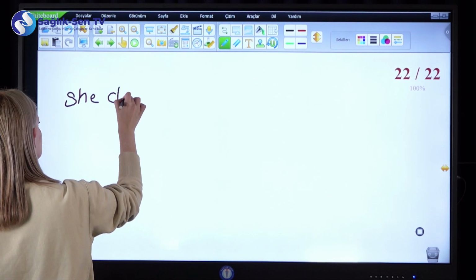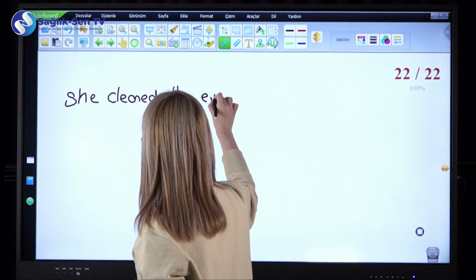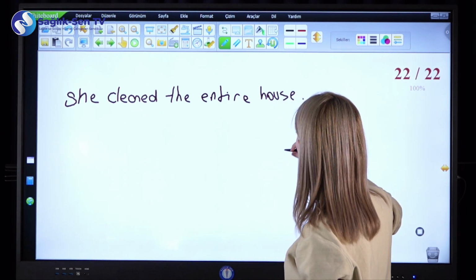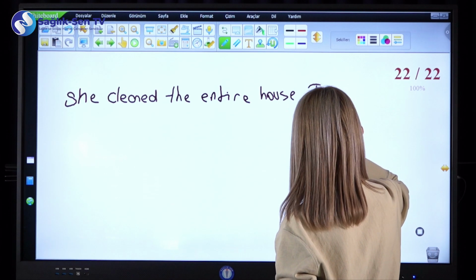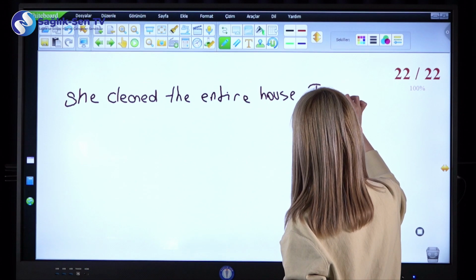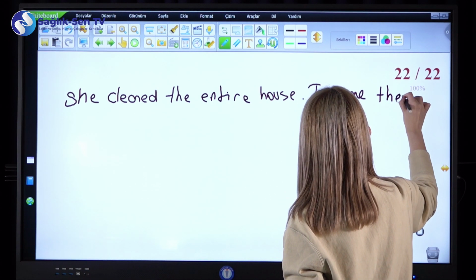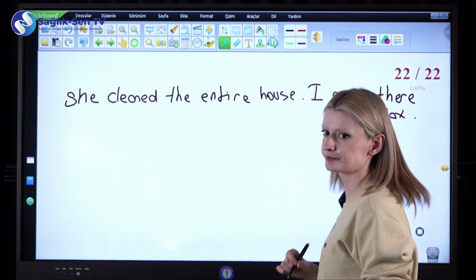She cleaned the entire house. I come there and relax.